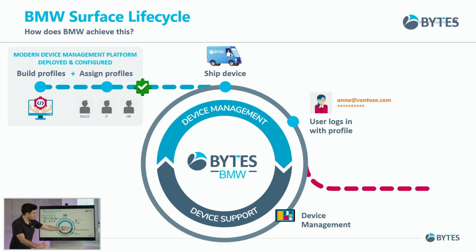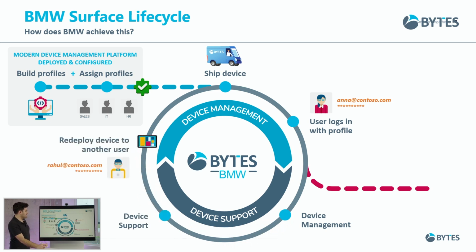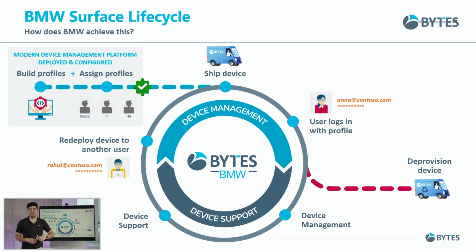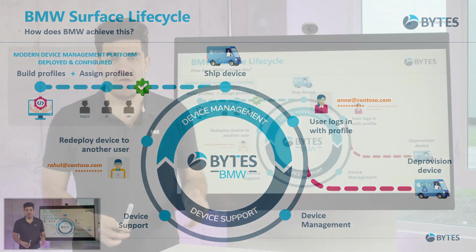Then Bytes is there on the device support half of this cycle, where the devices are managed and supported by that team, and then when it comes time to send it to someone else, there it is, redeployed to that next user, and then the process starts all over again until it's reached the end of its technological relevance, and that device leaves the organization.